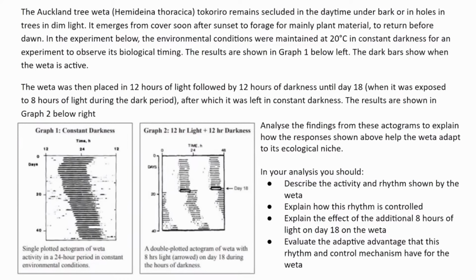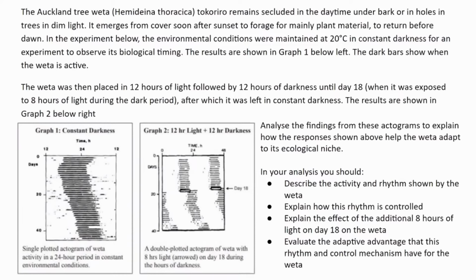At the top of the question, in the first paragraph, it talks about the weta being active once the sun sets, where it will come out and forage for foliage and plant material, and then during the daytime it stays hidden in holes in the tree or under the bark. So that's our what.